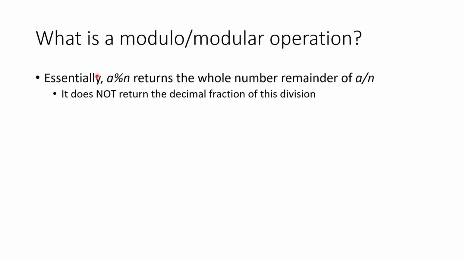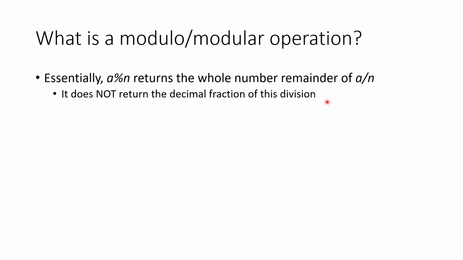Essentially, this operation, when applied to a number a by a modulo n, returns the whole number remainder of a divided by n in the sense that we normally know division to be. And what's important is it does not return the decimal fraction of this division.